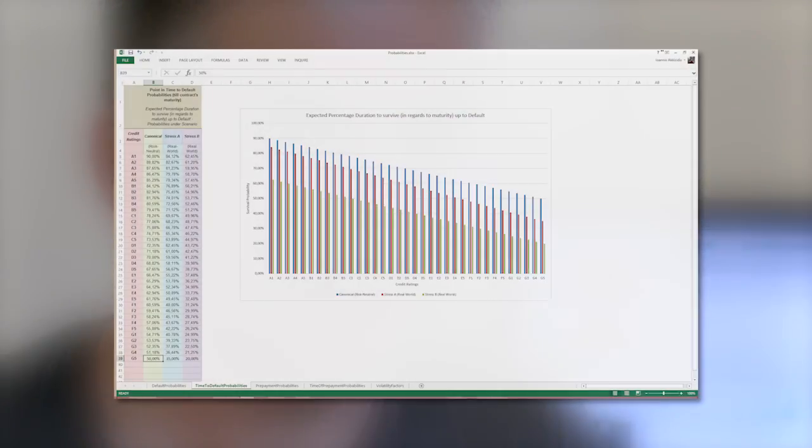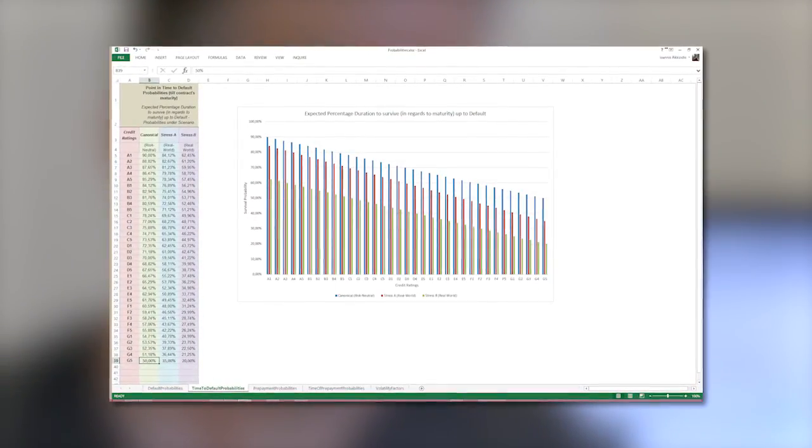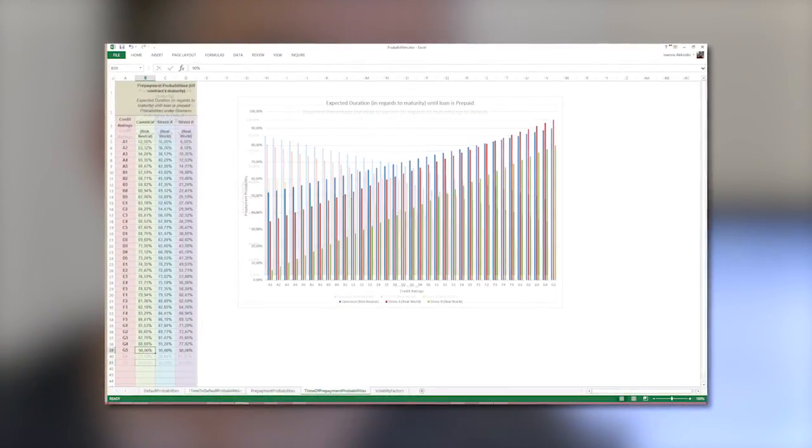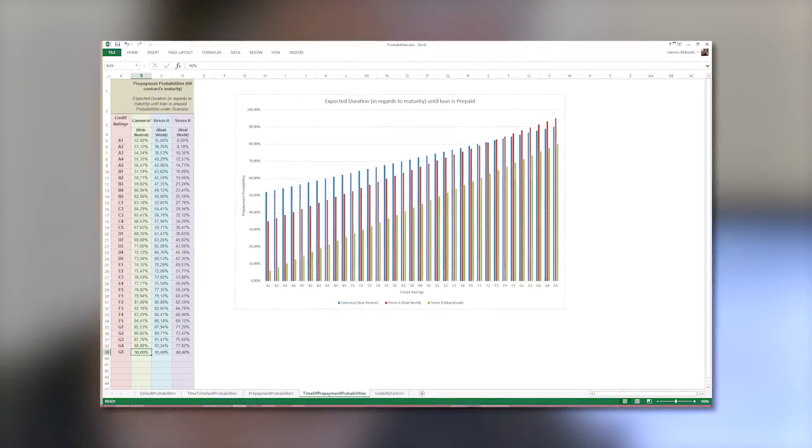We have default events anyhow, but it makes a big difference in our income if the default happens after a certain time. And we need to know this time. We need to know which is the time where we will have big losses, or will have losses in case of the default events, or even of the prepayment.